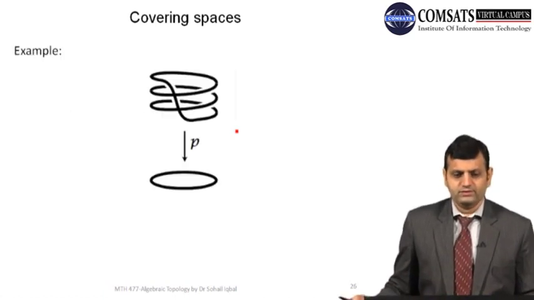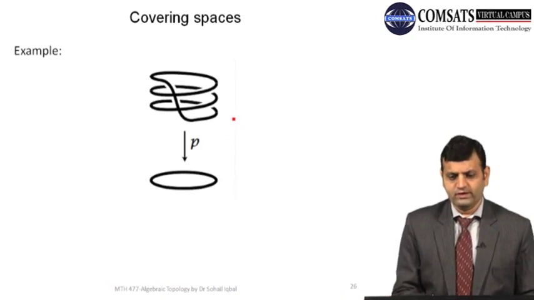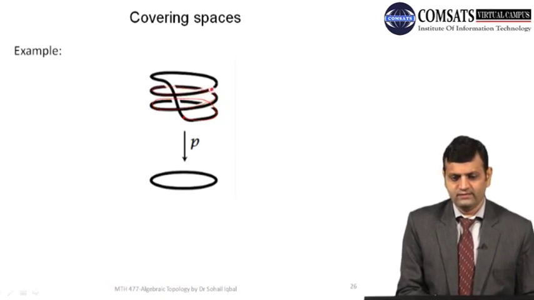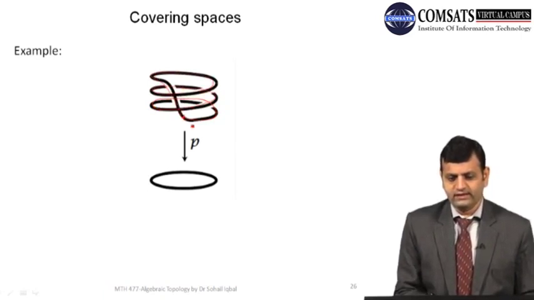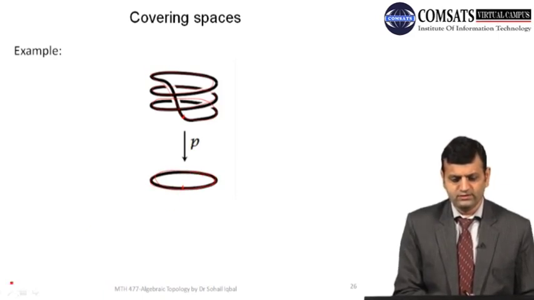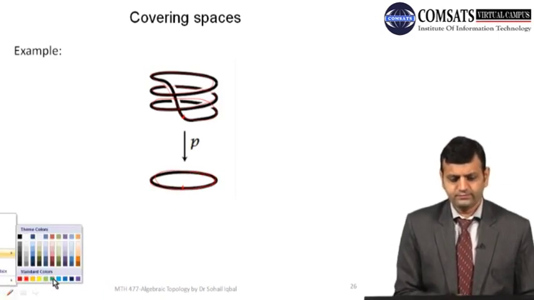Consider an example over here. This is a covering space of the circle. If we have a loop inside this space X, then when we follow this loop, we will take 3 rounds of this circle. Let me do this in a slower way.